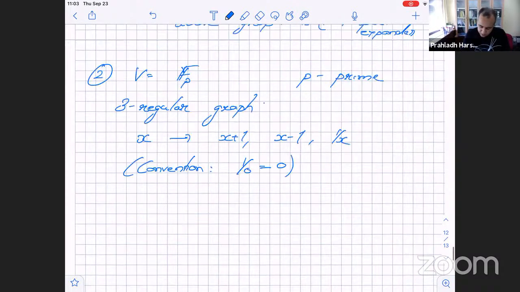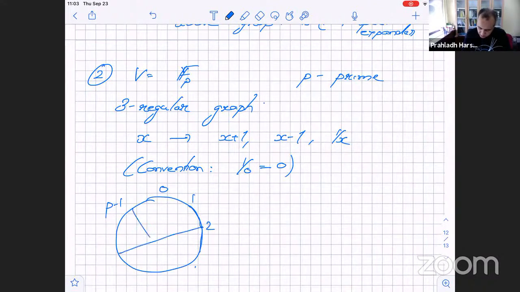Think of these vertices as 0, 1, 2, 3, all the way up to p minus 1. Every vertex is connected to one below it and one above it. It's also connected to its inverse, so there are these lines, and there's a self loop over here.